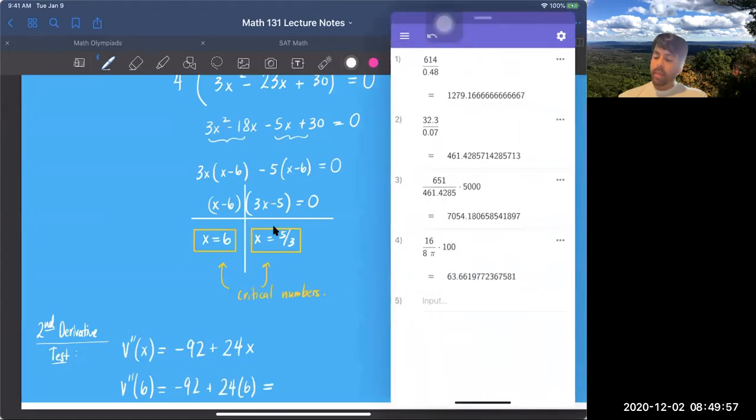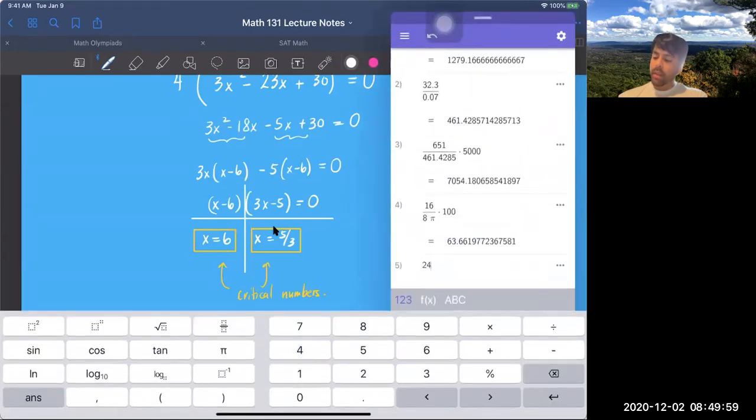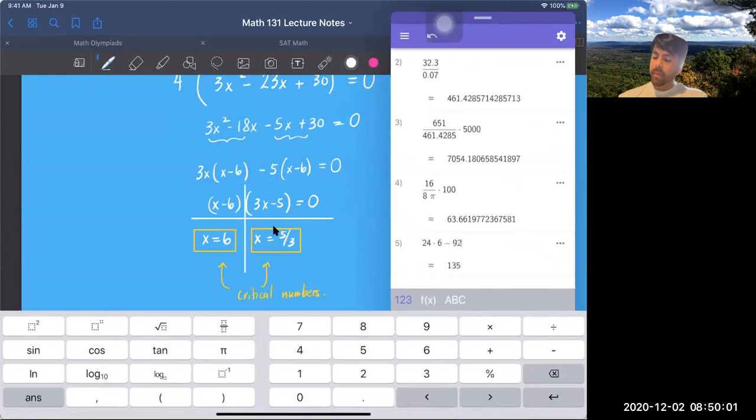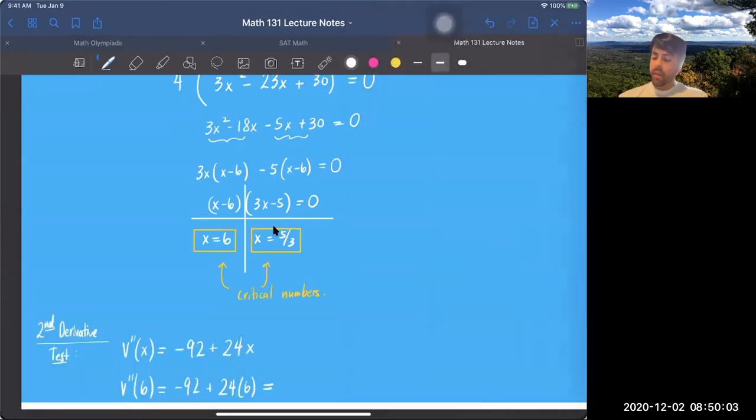Don't I get a number that's positive? 24 times 6 minus 92? I get 52. What does that mean? It means that my second derivative is positive. So if my second derivative is positive, what does that mean about the concavity? It's concave up. So then if it's concave up and I'm at a critical point, then what is it? It's a minimum.